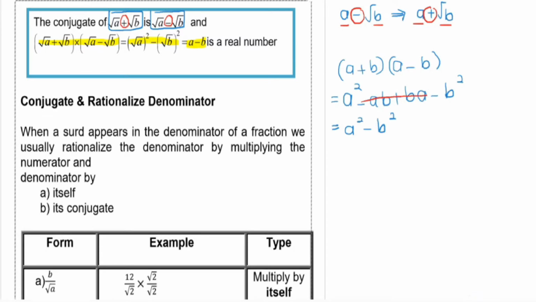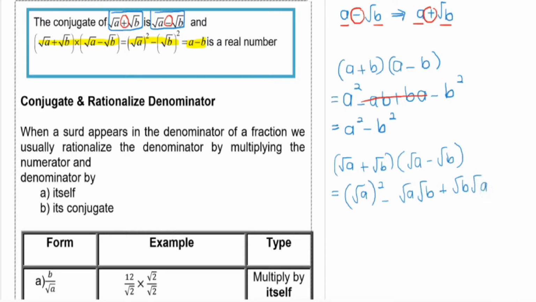Similarly, if we have √A plus √B times √A minus √B, we will get √A squared minus √A√B plus √B√A minus √B squared, which equals √A squared minus √B squared.